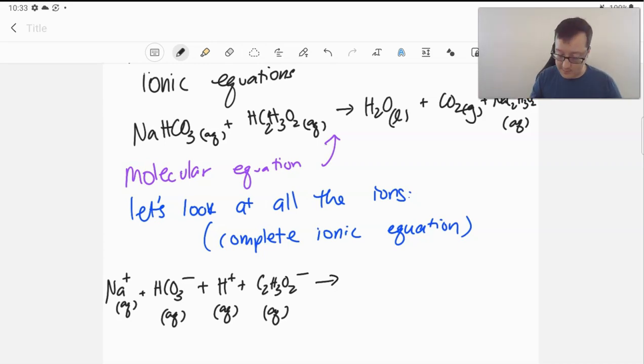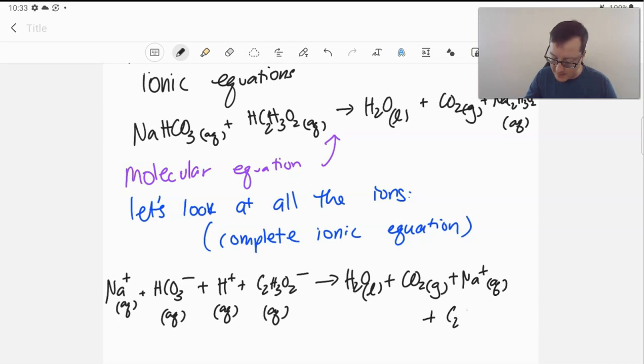That's not aqueous, so we leave that alone. We have CO2 that is also not aqueous, so leave that alone. And then we have the aqueous sodium acetate. So we've got the sodium ion there plus the acetate ion. So we have all of our ions out here. So this is the complete ionic equation.